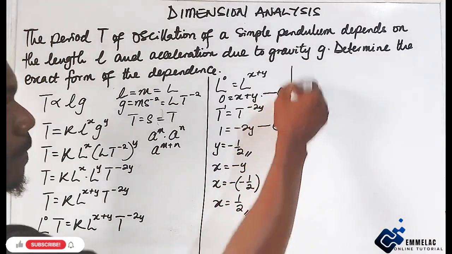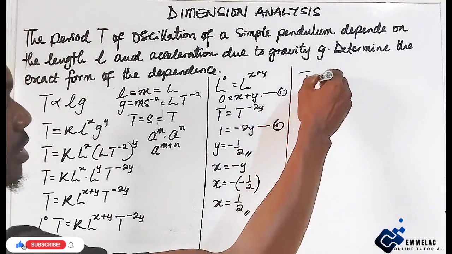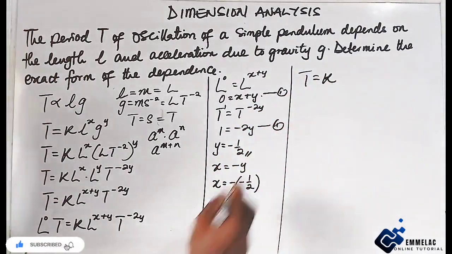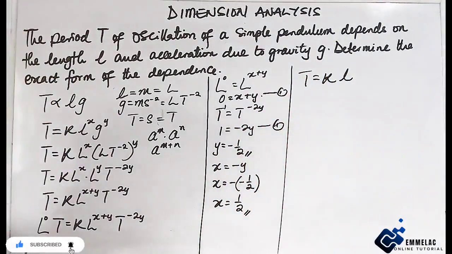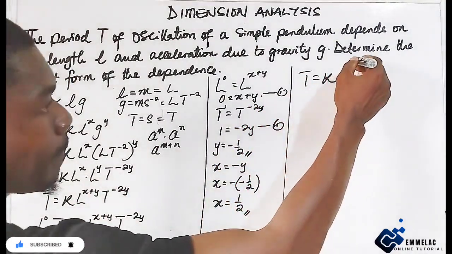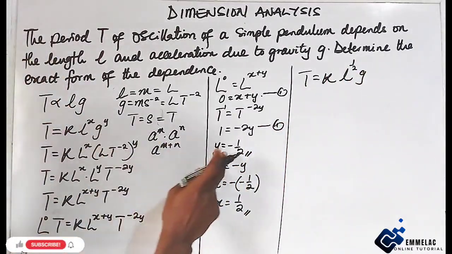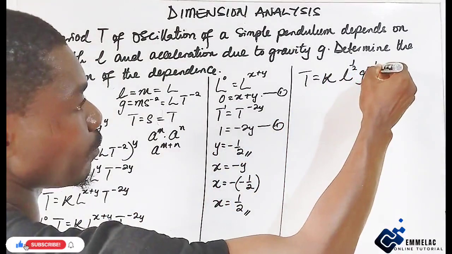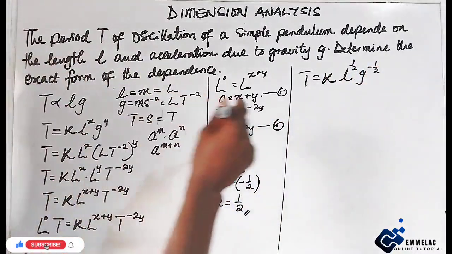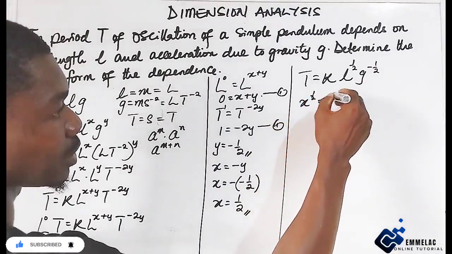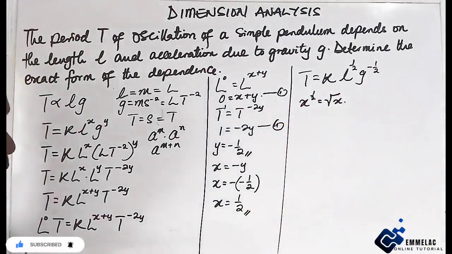So here we have that T then equals k, which is our constant, then our L, our x here is 1 over 2, then our g for y is minus 1 over 2. And let us take note that if you have x raised to the power 1 over 2, it implies the square root of what? x.